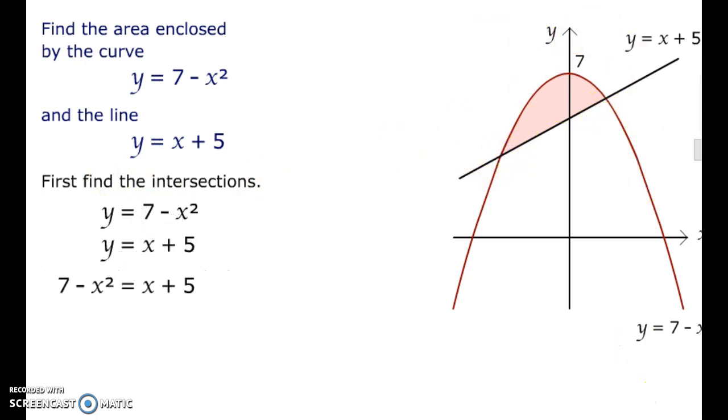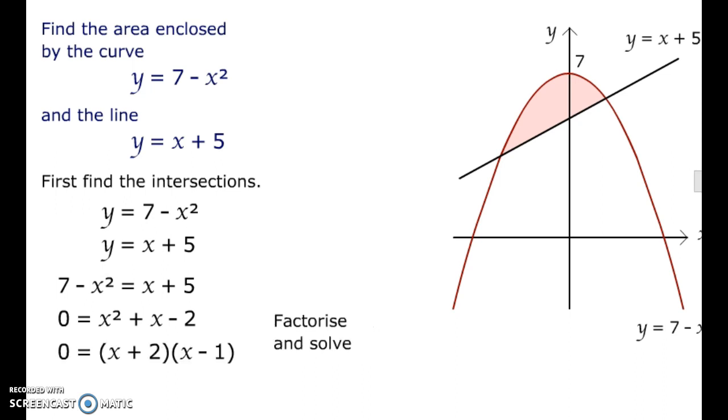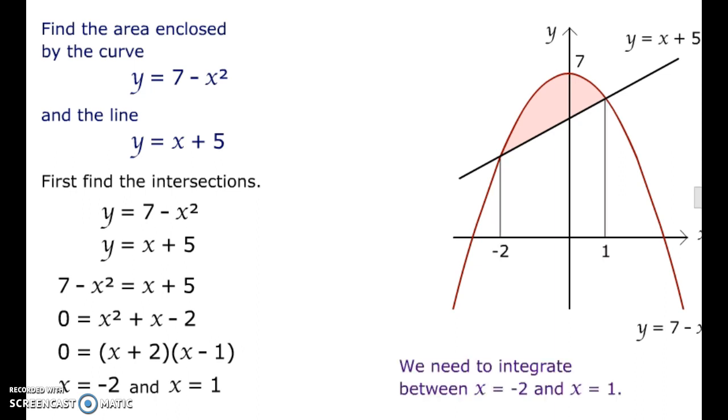You know both are representing y's, so we need to work out these 2 points. Here you go, you equate both y's together. Take x on one side, so it's actually a quadratic equation. Factorize and solve. You will get 2 answers, one positive and one negative: negative 2 and 1. So negative 2 is here and 1 is here.